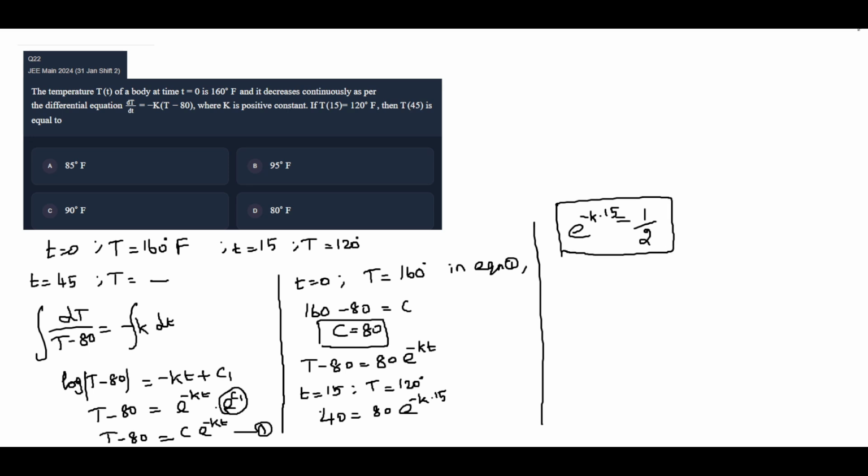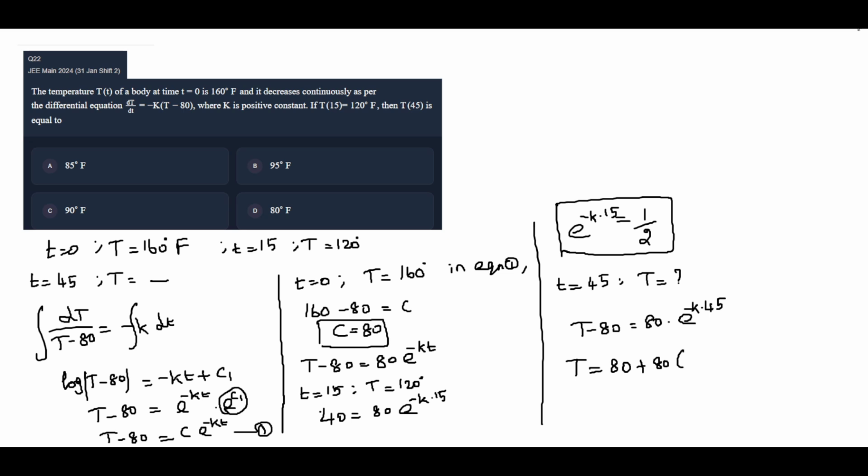Now we need the third one. t equal to 45 means capital T is what? Again using that equation, T minus 80 equal to 80 into e power minus k into 45. Now capital T equal to 80 plus 80 into e power minus k into 45.